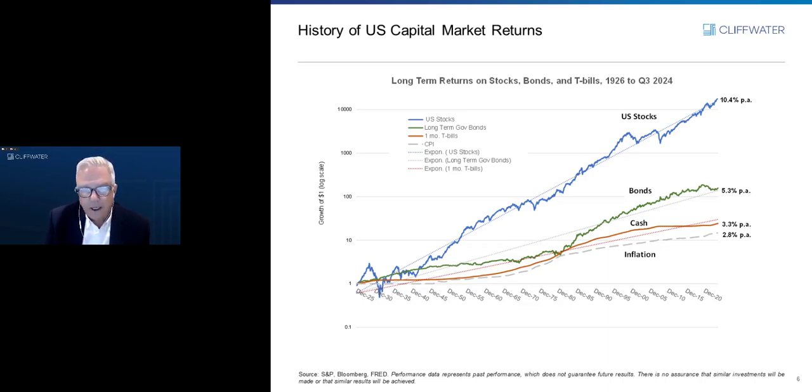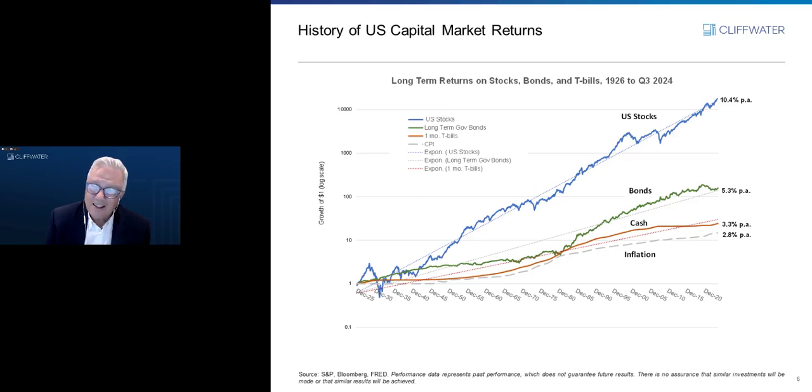So a couple of observations here. This goes back basically to where credible data is available for the S&P 500, just before the Great Depression. But the compound annual return on stocks is pretty linear, at least on a log scale, an upward sloping compound annual return, just a little above 10%.